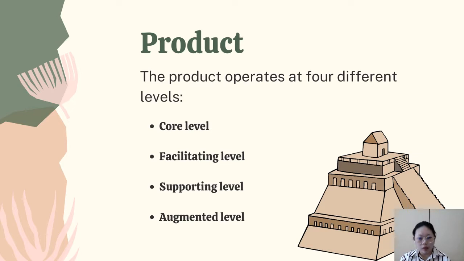Then the supporting level is meant to add to the overall experience. It adds a physical as well as a psychological layer to the facilitating level. The fourth level, called the augmented level, represents the totality of experience and benefits.